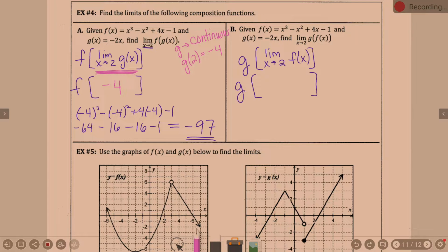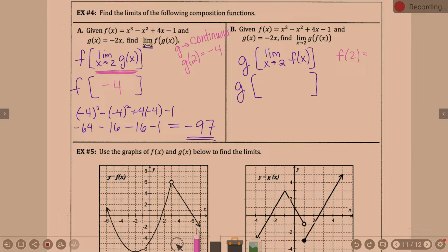Is f a continuous function? Is it a polynomial? It's variables with positive powers, added and subtracted, with whole number coefficients. It's a polynomial. That's going to be some cubic equation, right? I don't know exactly, but it's going to be continuous. Because it's continuous, I can just find f of 2.